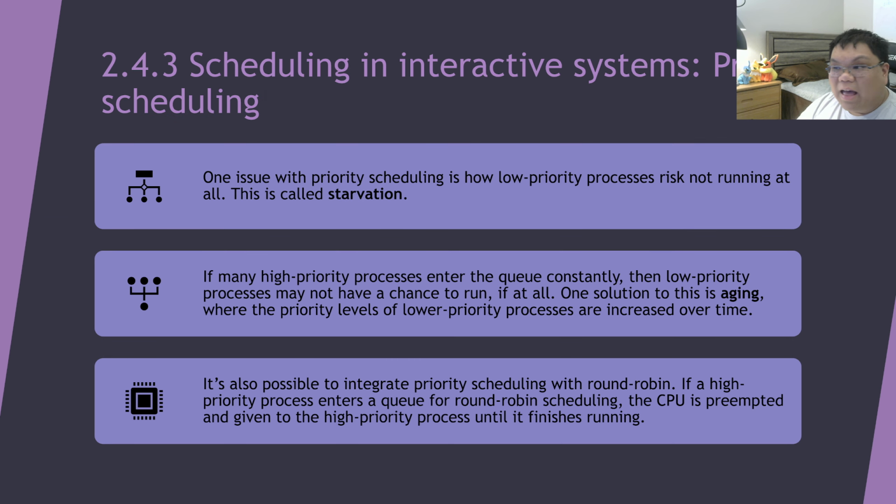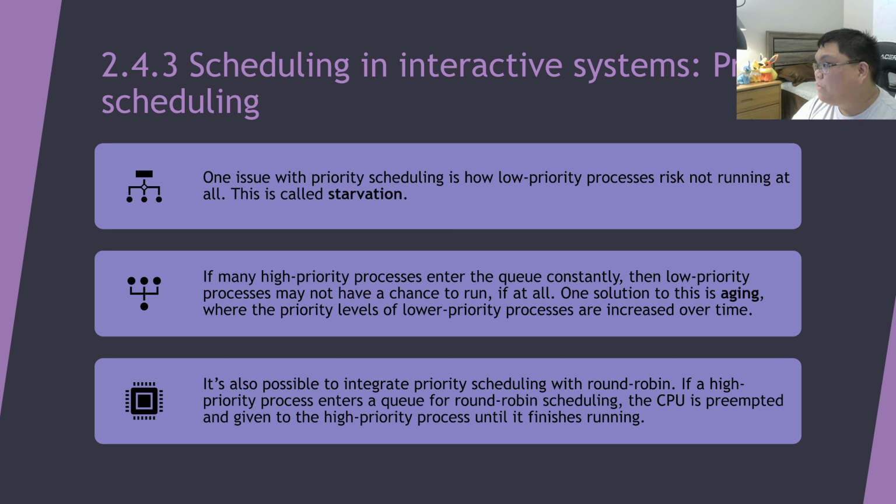There is another risk that we have with priority scheduling. If we have lots of high priority processes coming in, they all get first dibs on the CPU, and we have a bunch of low priority processes in line, we risk having starvation.